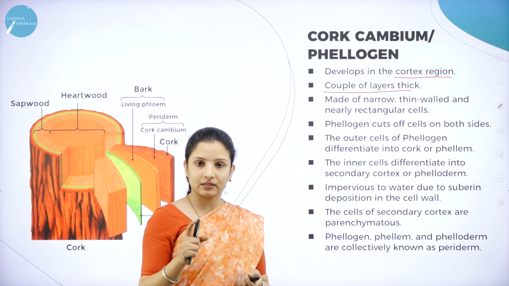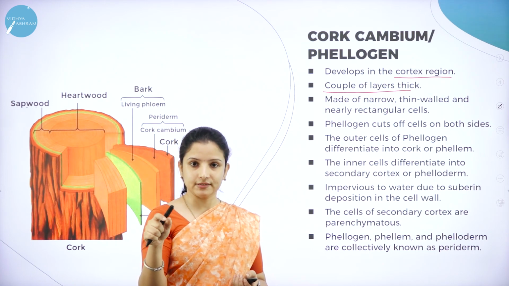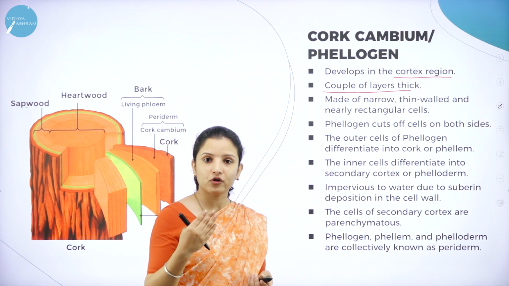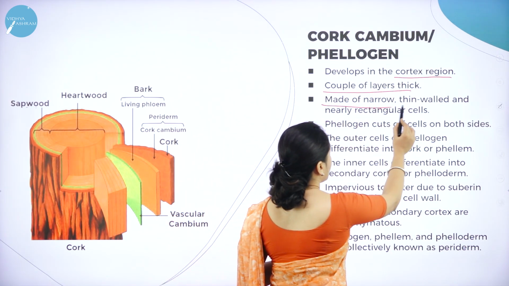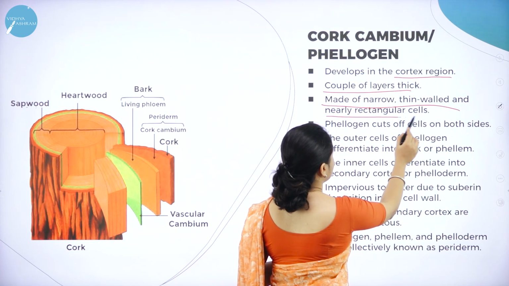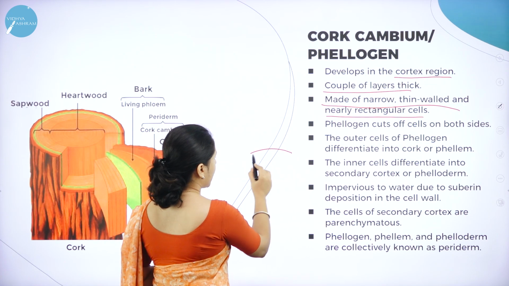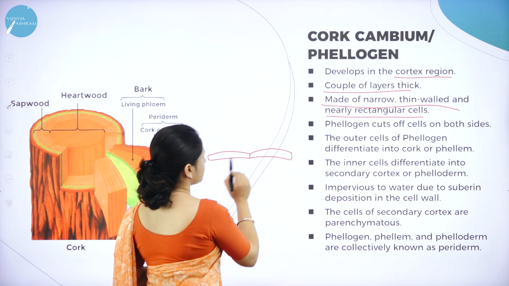Remember, vascular cambium was only one layer of cells, but the cork cambium is multiple layered and therefore thick. It is made up of narrow, thin walled and nearly rectangular cells.